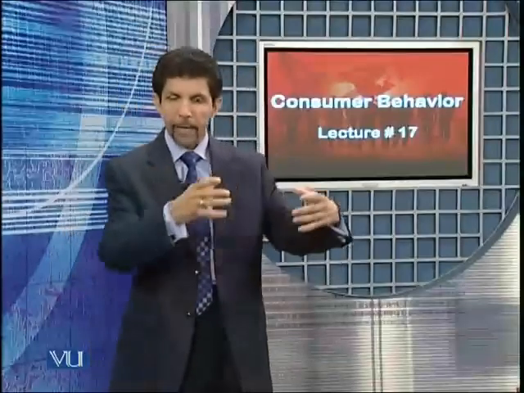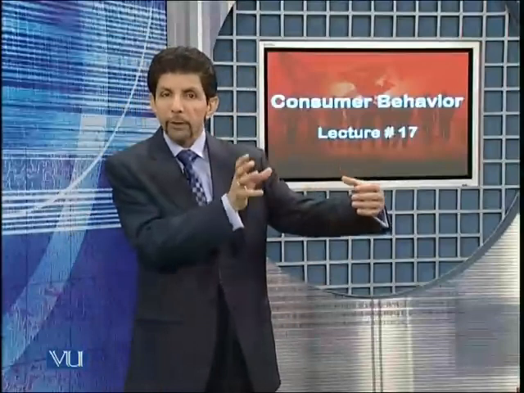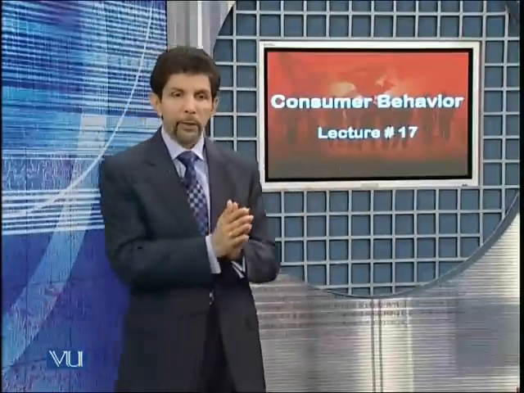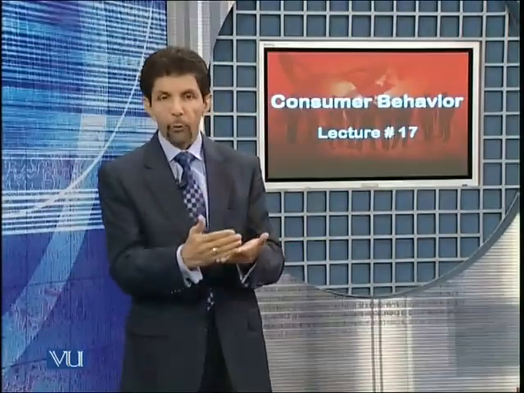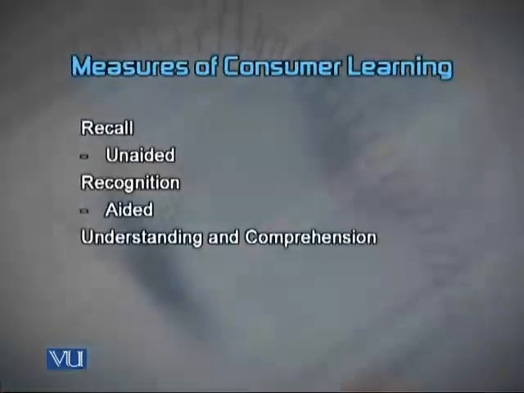Now, if there is a contradiction between what the marketer is intending to do and what the consumer is comprehending, then we can at least make some changes, carry out some amendments before the ad is put in the market and a lot of money is wasted. So we are using the measures of the learning process to see the effectiveness of advertising before or after the advertising has been launched.